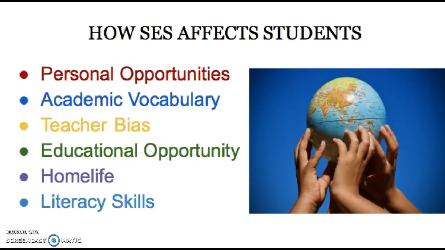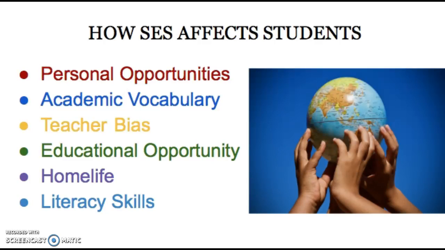First, our personal opportunities. Some of these lower income families can't afford to send their kids to school. They can't pay for gas. They can't pay for lunch. They might not even have a school in the area in which they live. Another one is academic vocabulary.